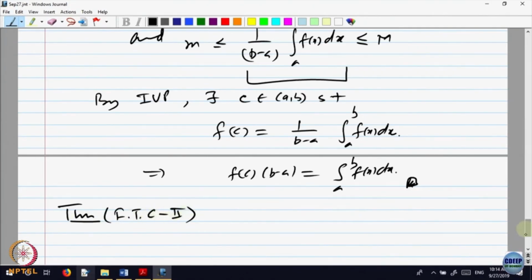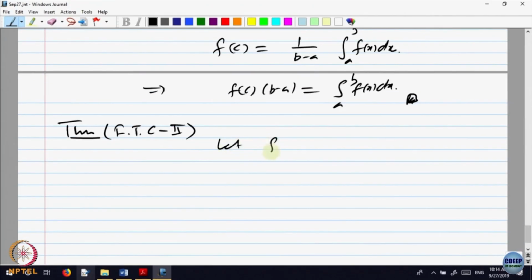Which says the following: let f be continuous. So let us say f is a function which is continuous. What we are trying to do is find an antiderivative for the function.